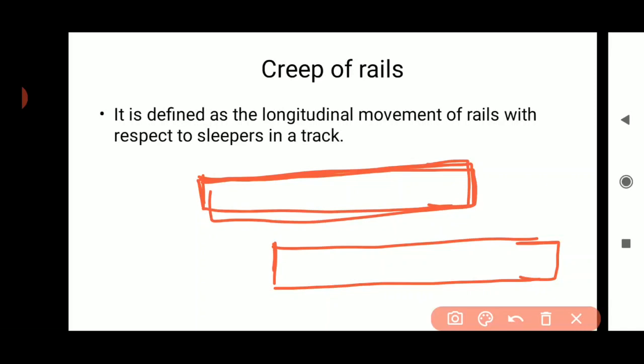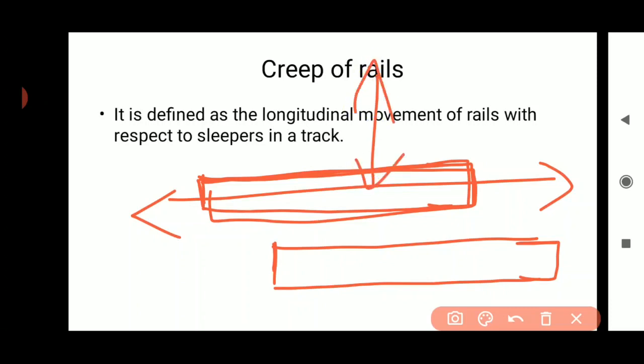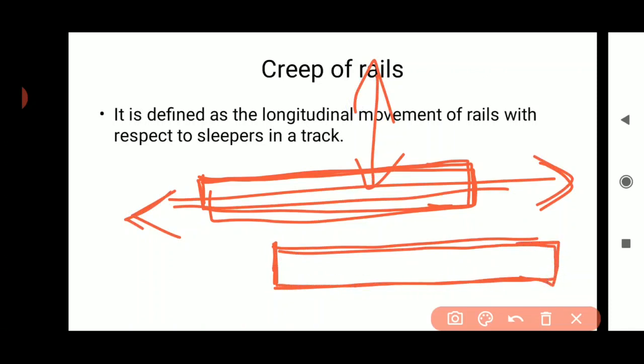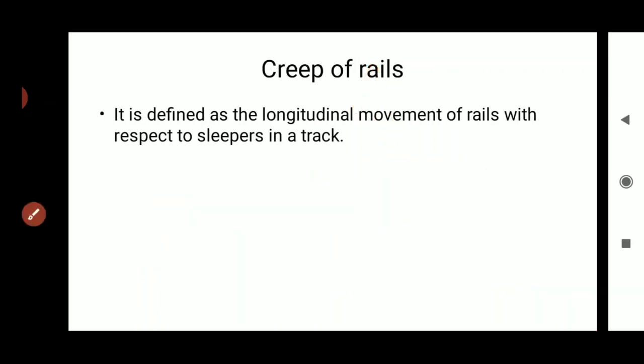This is the longitudinal direction, and this is the lateral direction. So here you can see the rail has moved some distance from its original position in its longitudinal direction, and that longitudinal movement of the rail is known as the creep of rail.